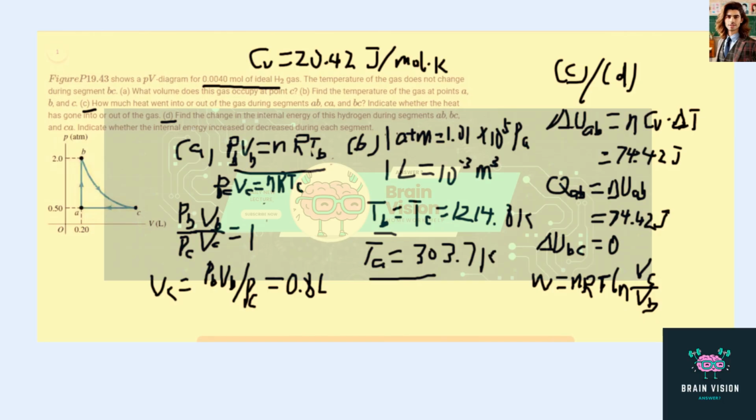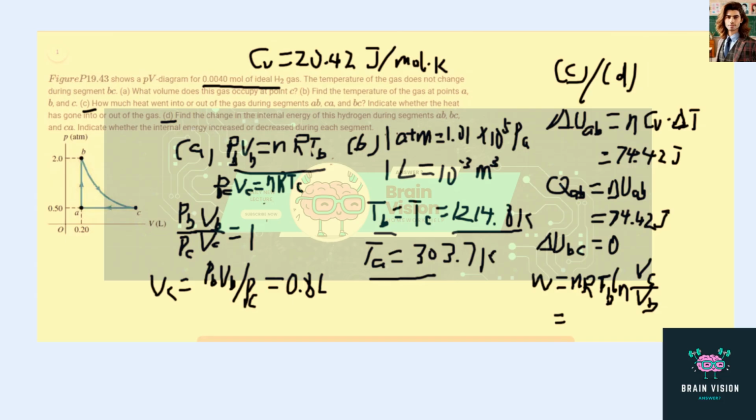So the temperature is constant, so we can just use TB in this case. n is 0.04 moles, R is the constant, TB is calculated as before. VC is 0.8 liters, and VB is 0.2 liters. So we can calculate this work directly.